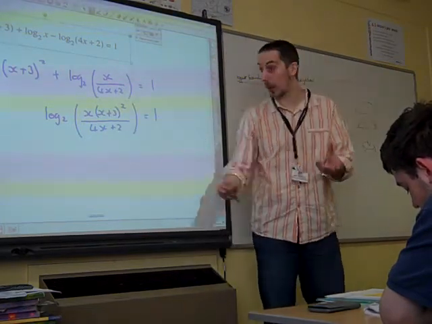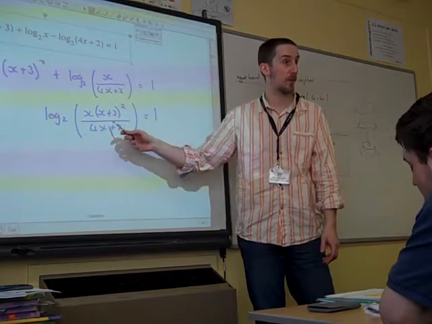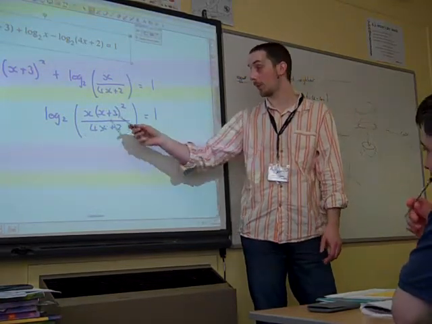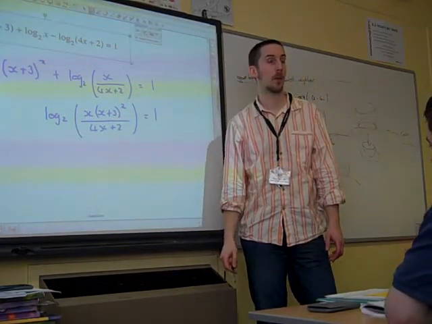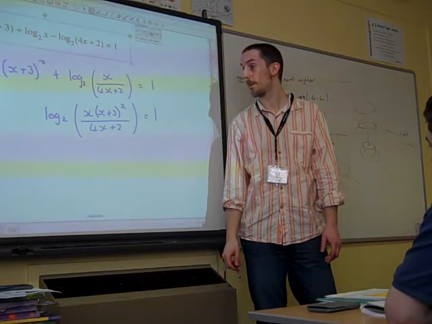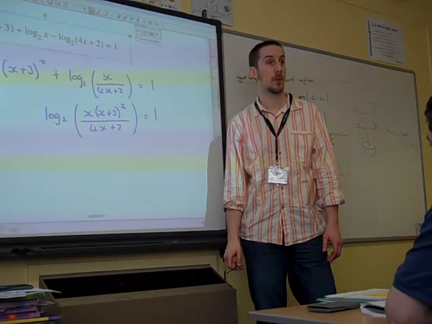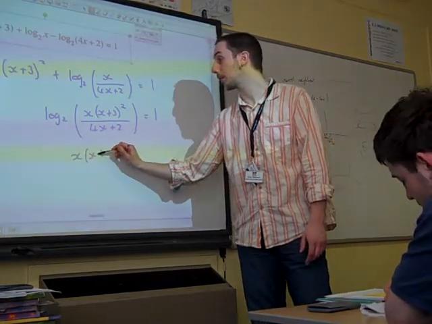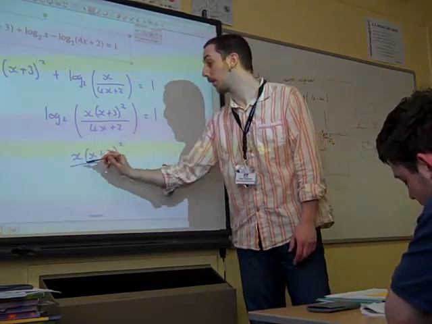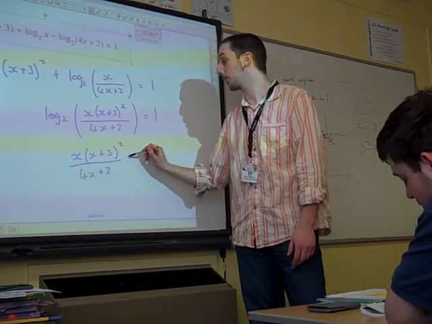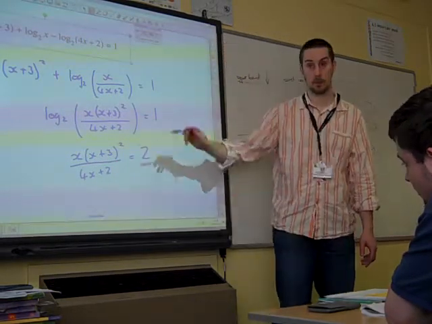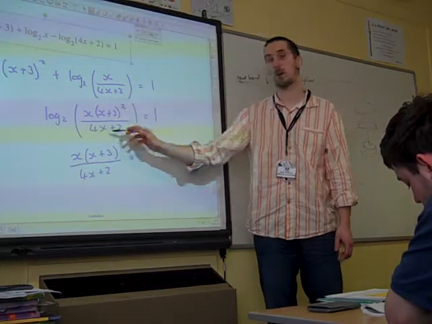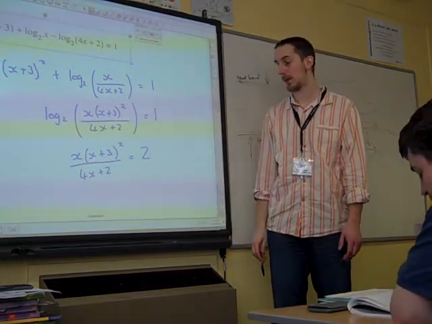Again, this was on the first slide. We've got log base 2 of this thing equals 1. So what's this thing equal to? 2. Okay, so this thing, x plus 3 all squared over 4x plus 2, must be 2, because 2 to the 1 equals 2.